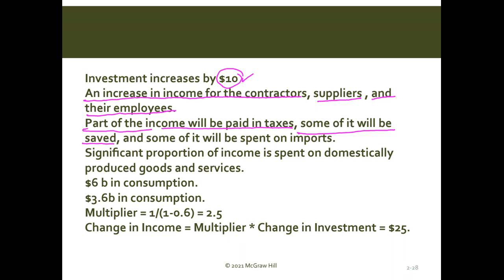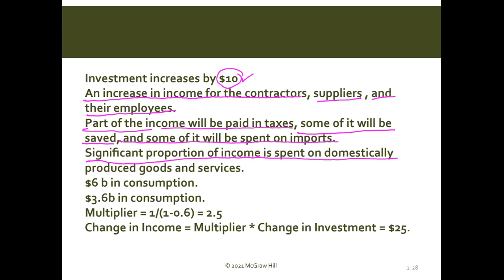I have to pay income taxes. Then I might save. Third, I might spend on imported goods, which will not be included in aggregate demand. Remember, we subtract imports. But a significant portion of this income is spent on domestically produced goods and services.